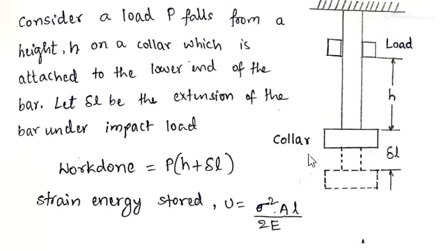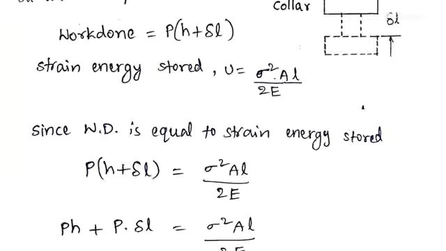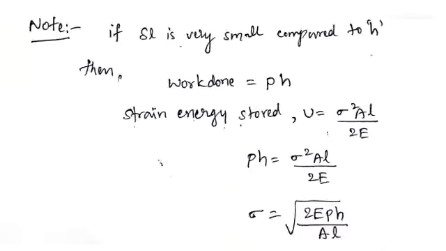Suppose delta L is very small compared with the height of fall h, that is, if delta L is neglected because the height of fall is very high. Then in the work done formula we can neglect delta L and directly write work done as P into h.